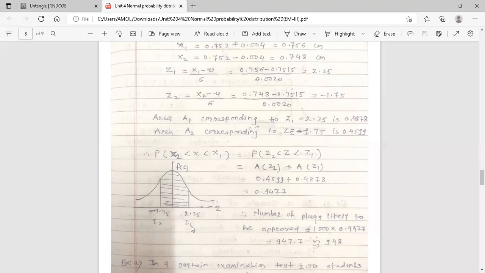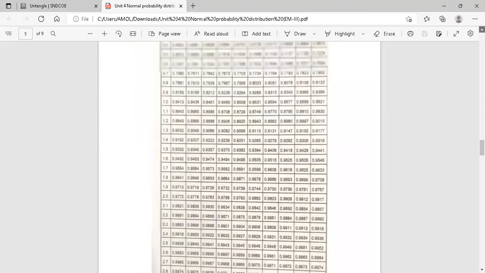Now, what is the area of Z1 and what is the area of Z2? You just add the area of Z1 plus the area of Z2. That will be the probability between Z1 and Z2. Now, the question is what is the area of Z2? The value of Z2 is minus 1.75. You see the normal distribution table, 1.75.